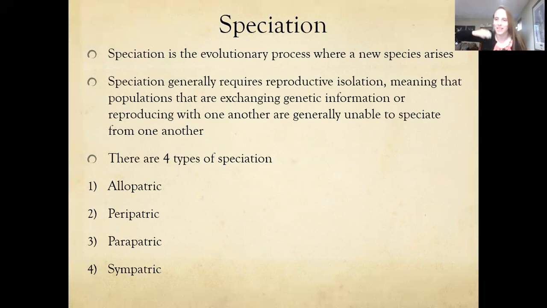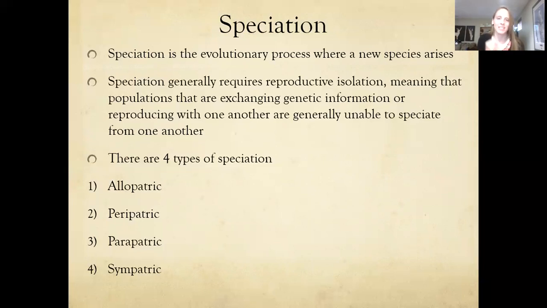So any trait that makes an organism taller or have longer arms or anything like that would be selected for. The short ones would be selected against. And then sexual selection is when the sexual behaviors essentially of a species select for or against different traits.